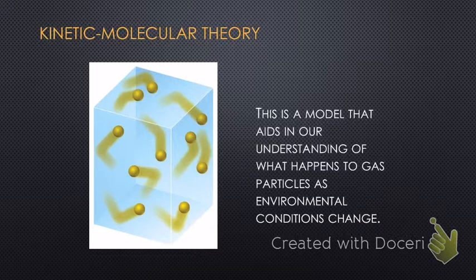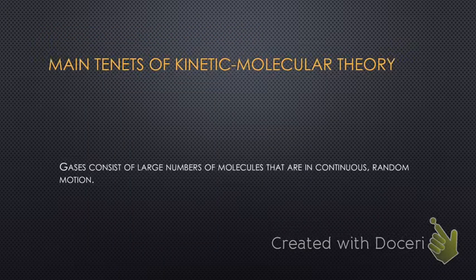The main tenets of the kinetic molecular theory are that you have a gas that consists of a very large number of molecules in constant random motion. It's not static. It's a very dynamic process. And so you can make a couple of assumptions here.